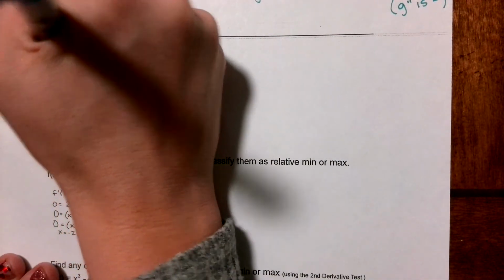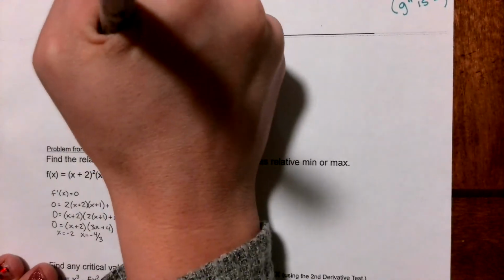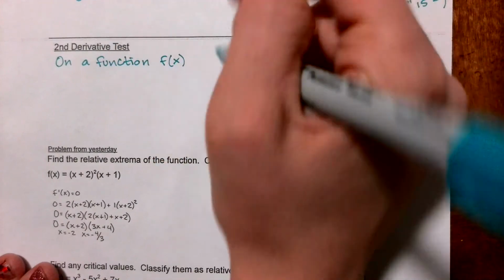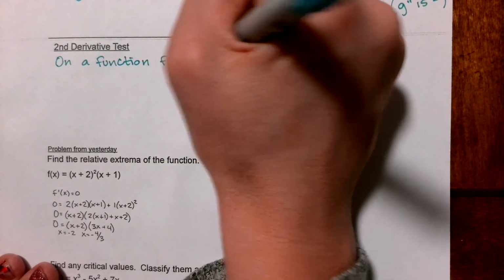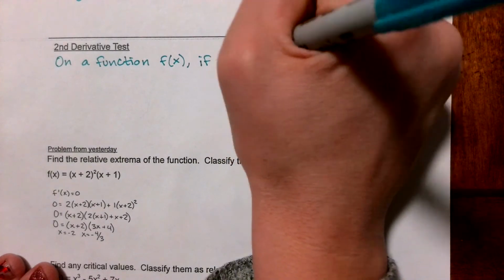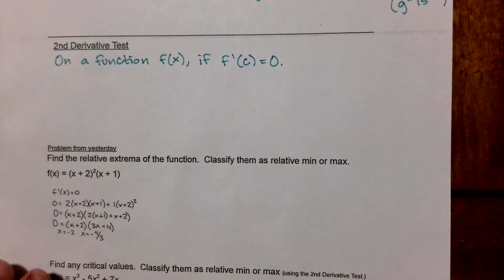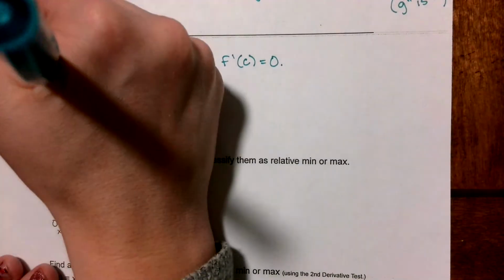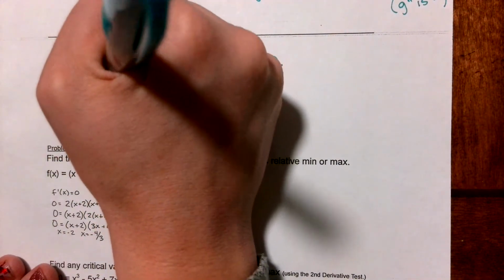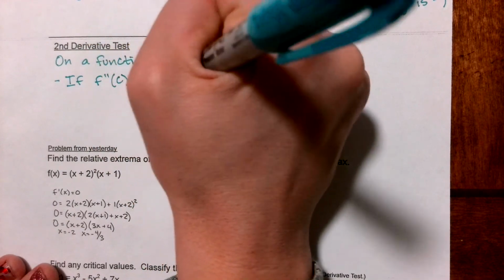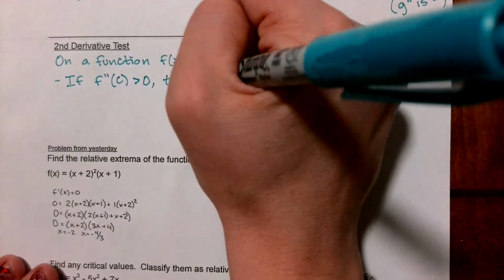So the second derivative test says that if we're on a function f of x, if f prime of c equals 0, so we're saying that the slope of f is 0, then the second derivative test would say if f double prime of c is greater than 0, then c is a relative min.